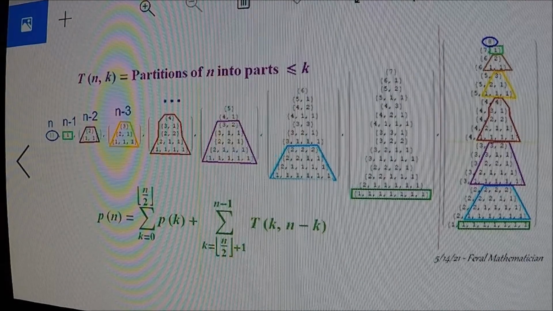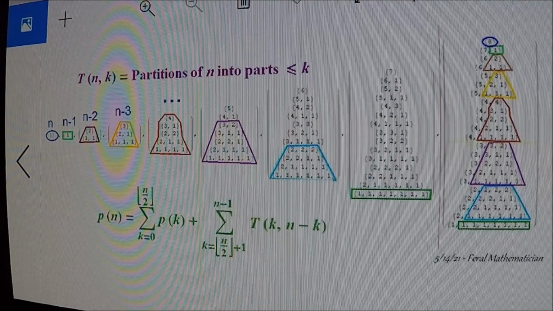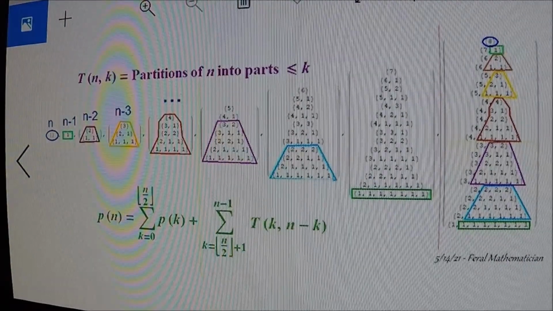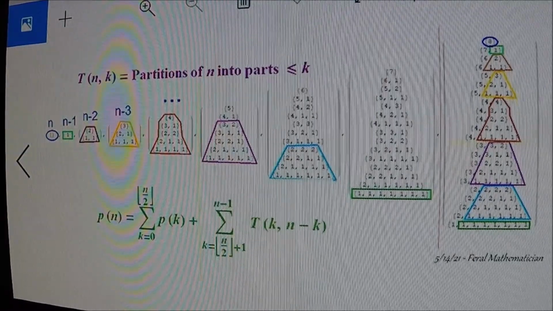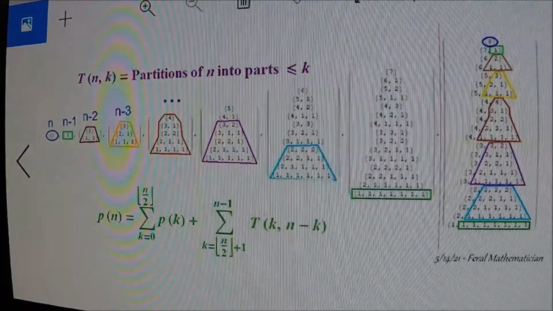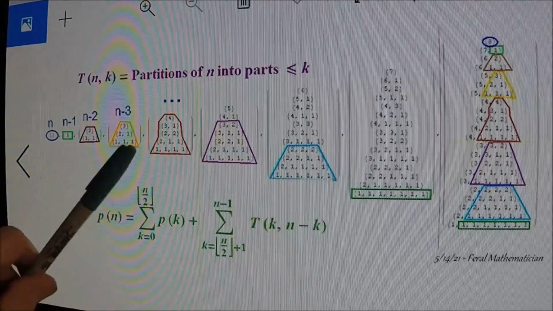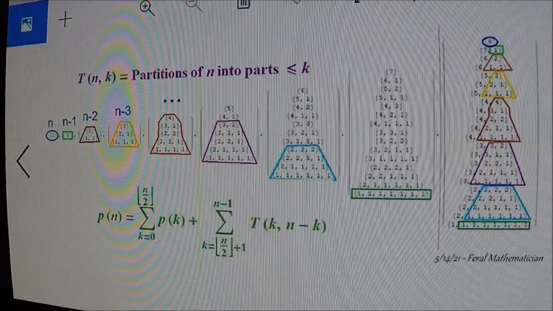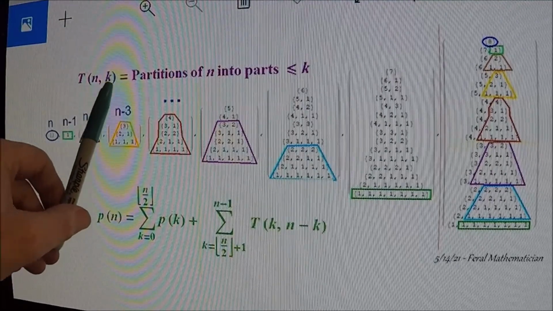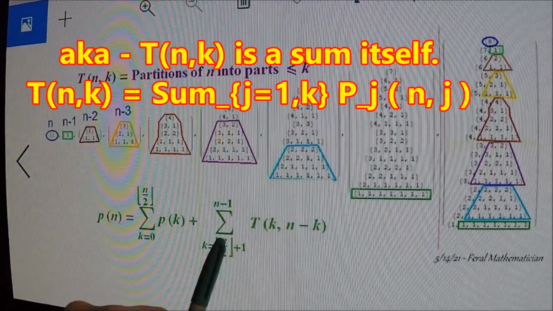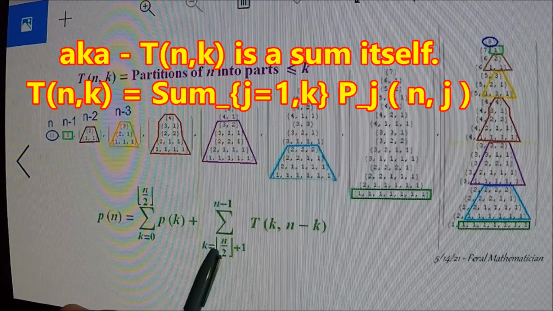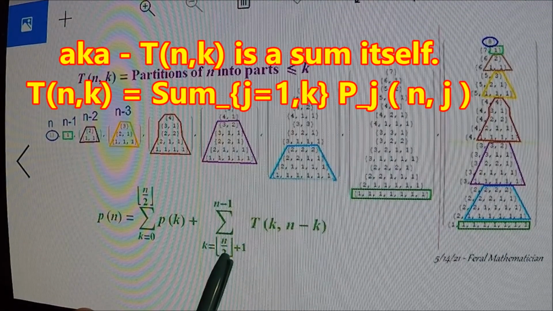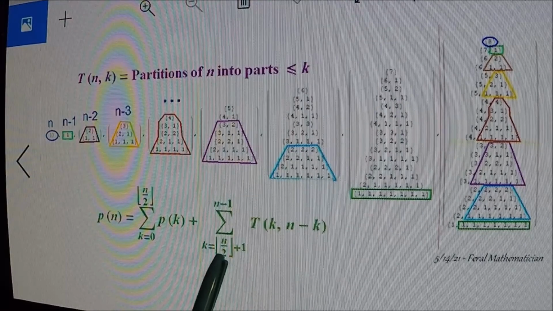This is an interesting way to see that identity, and it gives us another identity, sort of like a convolution that's applicable to partitions. But this is just something I had done before. This t to the nk is the sum of partitions with largest part j summed from 1 up to some k.